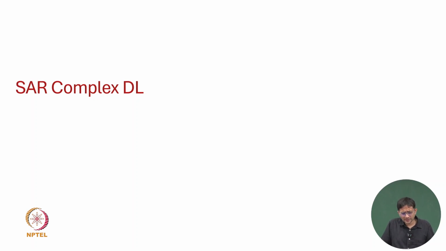There are several possibilities, and one possibility is using complex deep learning. So in today's lecture, we will very briefly introduce you to the idea of complex deep learning. So in this background, let us move ahead.